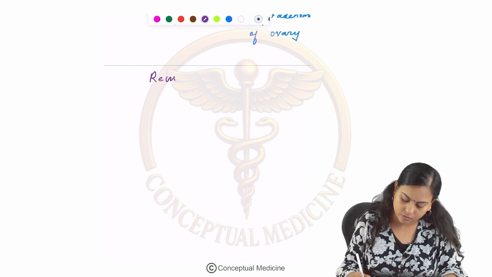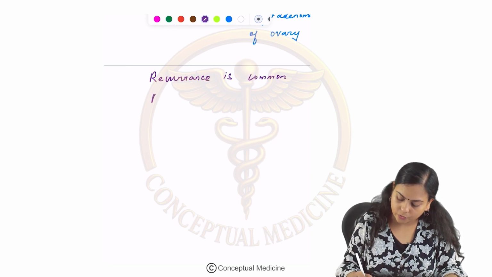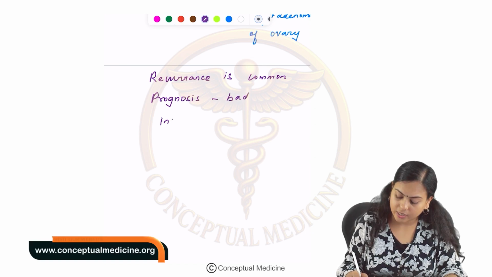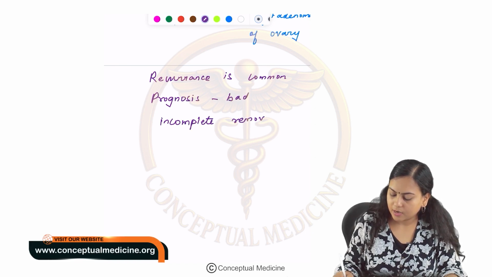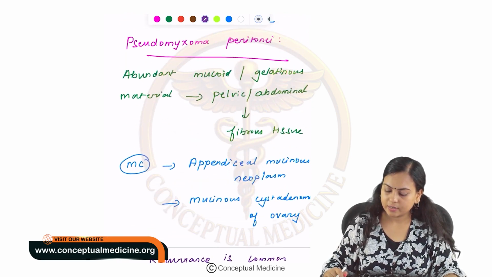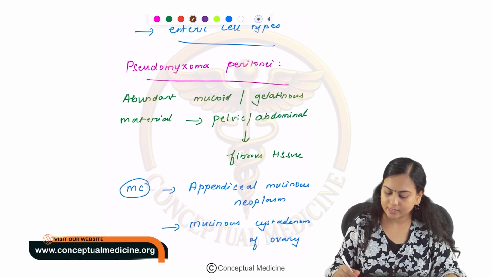You have to know the recurrence is common. Also, the prognosis is bad because there can be chances of incomplete removal. Because why? This is like a gelatinous material, right?